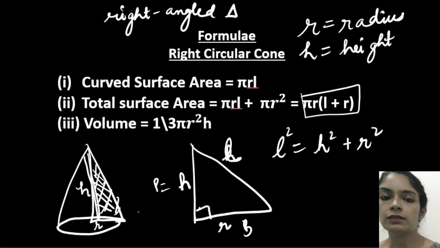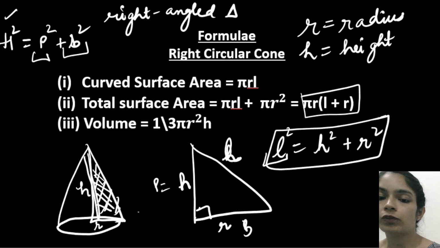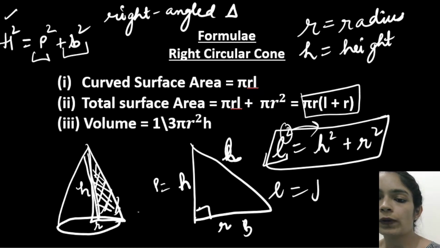Pythagoras theorem says the square of the hypotenuse is equal to the sum of the squares of perpendicular and base. Same thing, the hypotenuse here will be slant height, height is perpendicular and base is the radius. So we can find L with the help of this formula. If we shift the square to the other side, L becomes square root of h square plus r square.